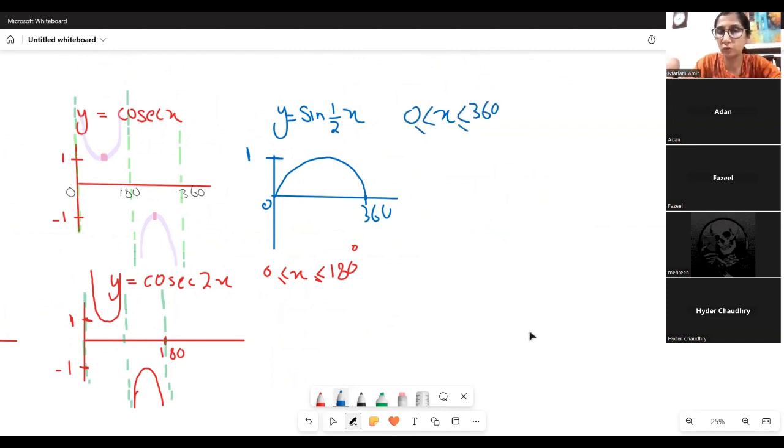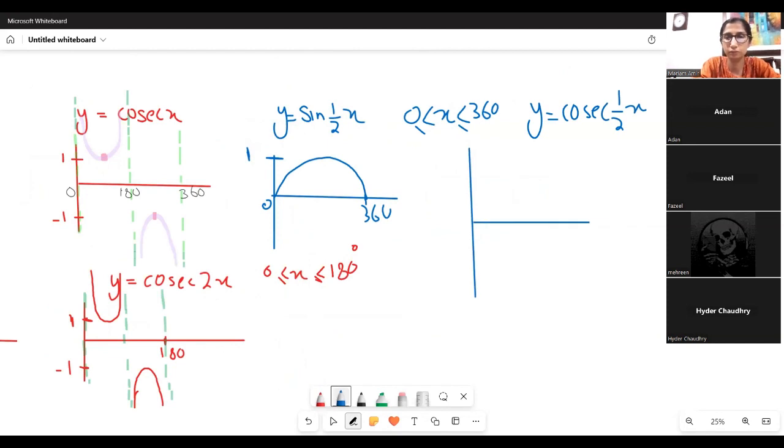So now we're going to sketch the graph for y equals cosecant half x, and we'll plot it between 0 to 360 degrees. So asymptote at 0, asymptote at 360.